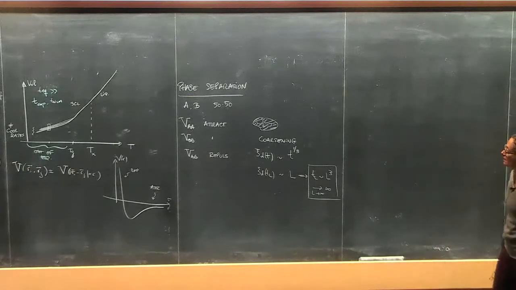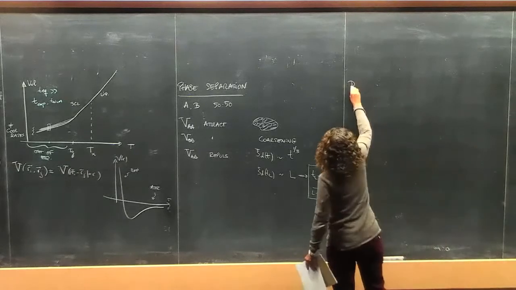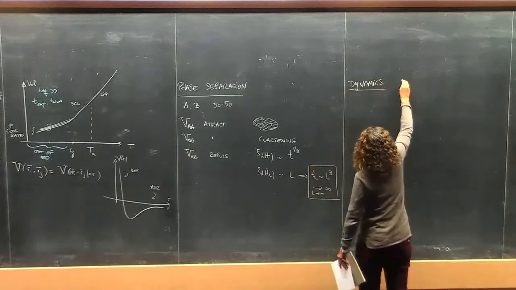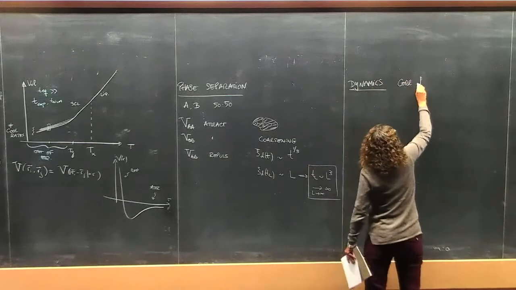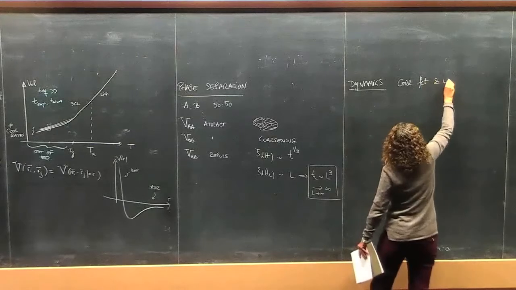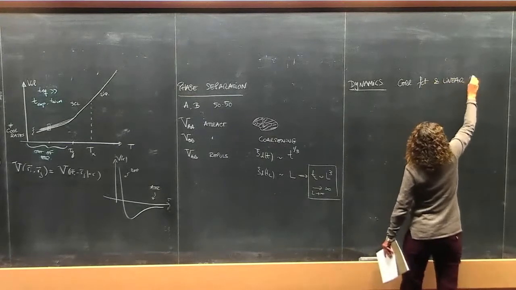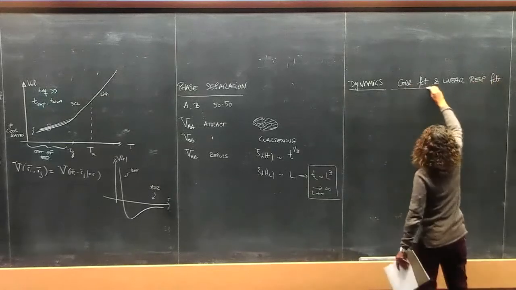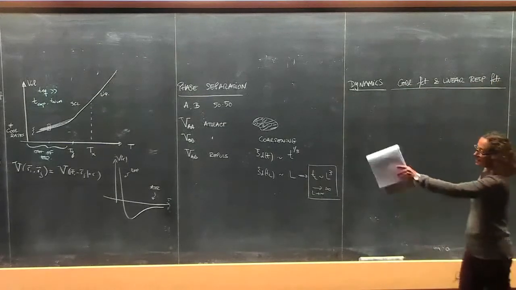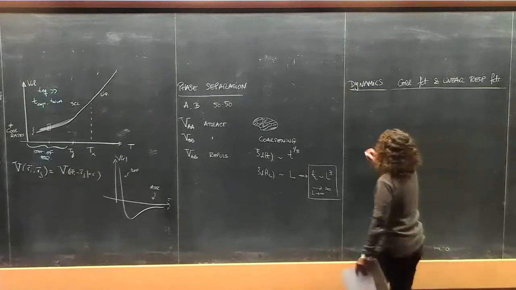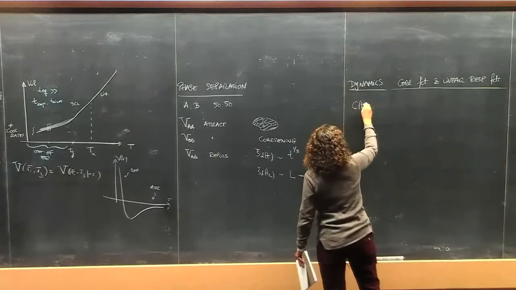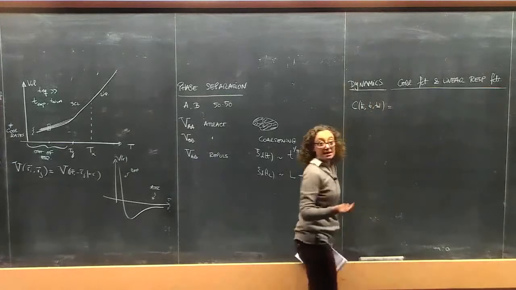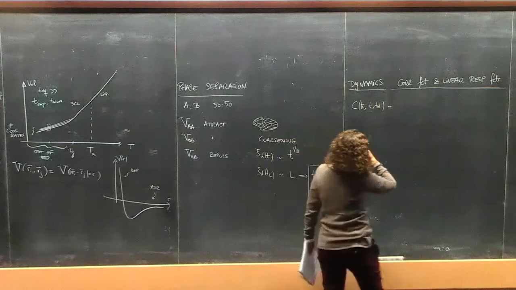So how can I quantify what I'm saying? By measurements of correlation functions and linear response functions, for example. So in the case of the particle system, what people typically measure is a density-density correlation function.